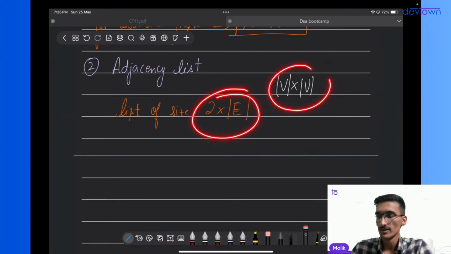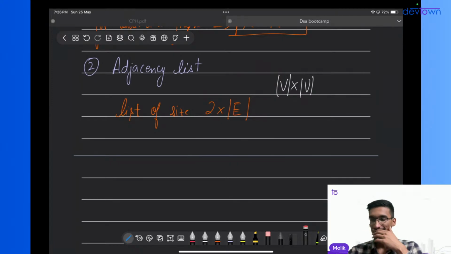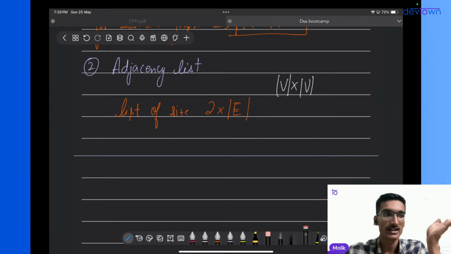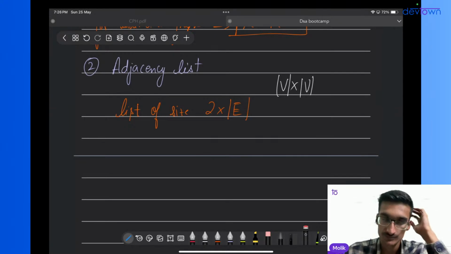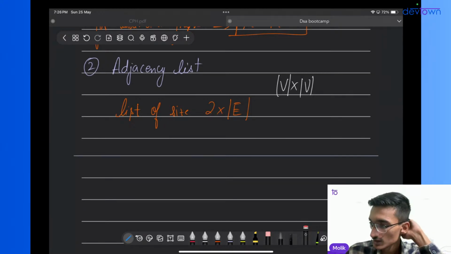So what do you think will be bigger? Is this value bigger or this one? 2 times mod E is bigger or mod V into mod V? Mod V is the number of vertices and mod E is the number of edges. What do you think?